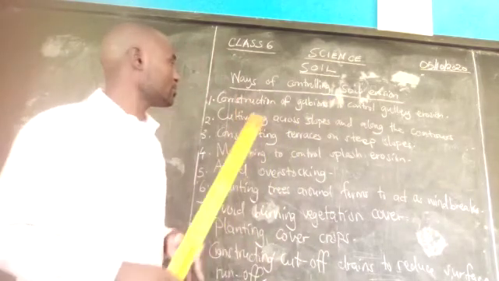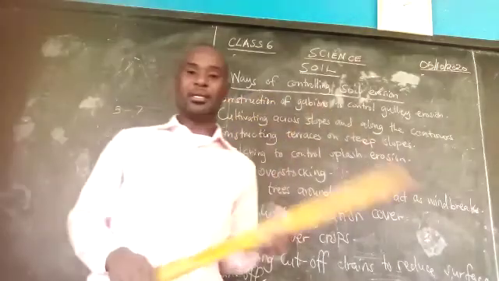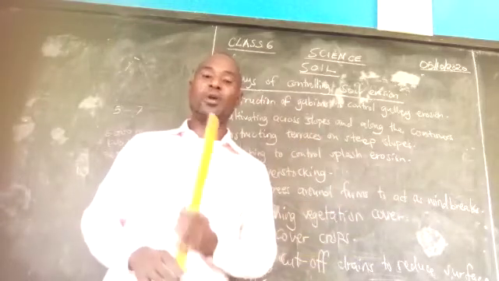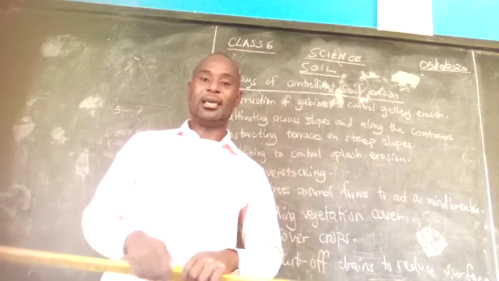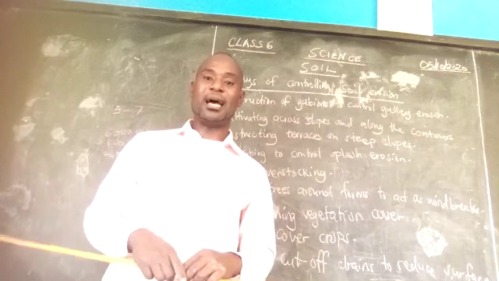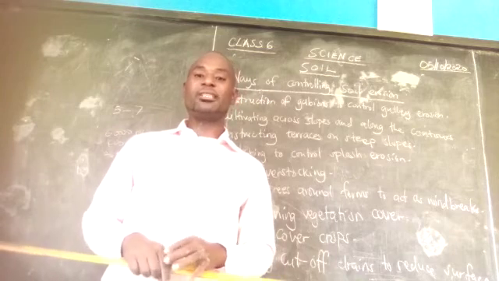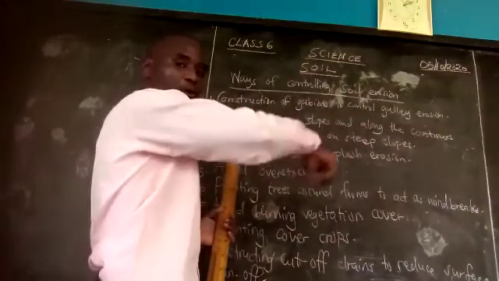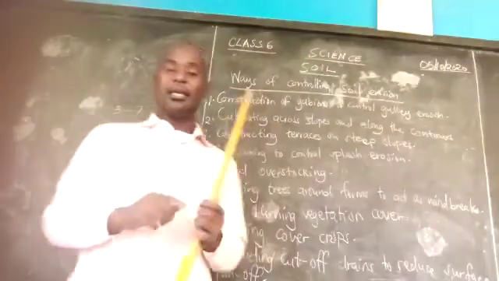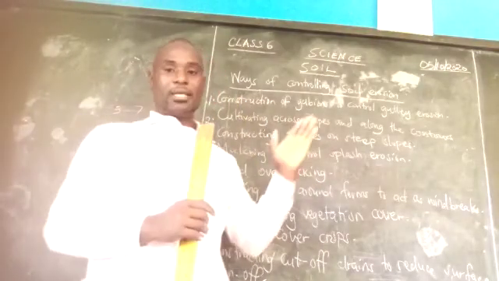Number two, cultivating across the slopes and along the contours. All of us know what contours are and what the slopes are. So, when you are cultivating your land, you must cultivate across the slope. Then cultivate along the contours.